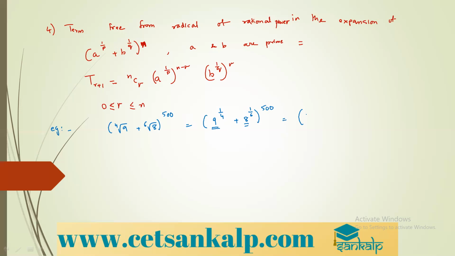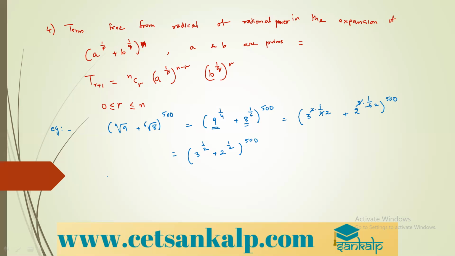So I will write 9 as 3 squared, power 1 by 4, so it will become 3 power half. 8 I will write as 2 cubed, power 1 by 6, so 2 power half. So I change the question as 3 power half plus 2 power half whole power 500.